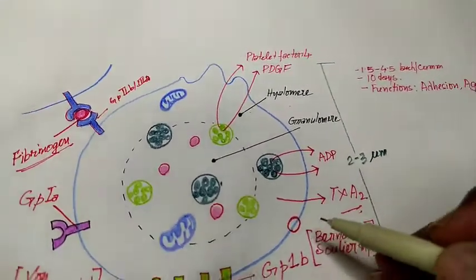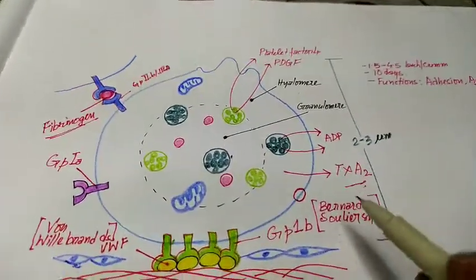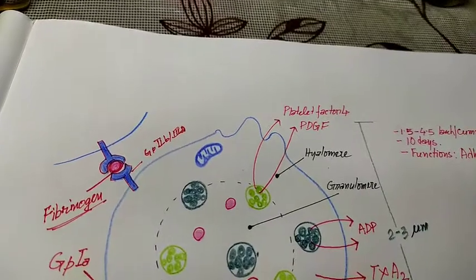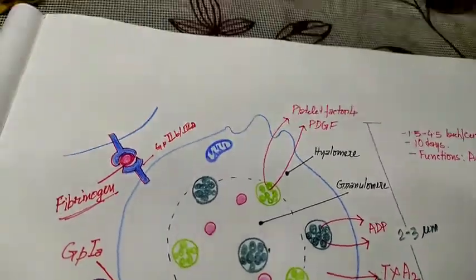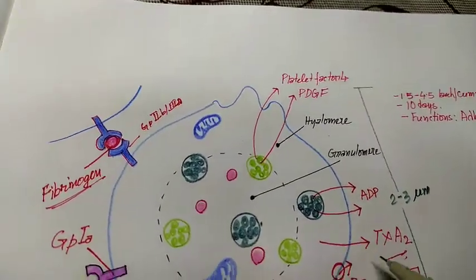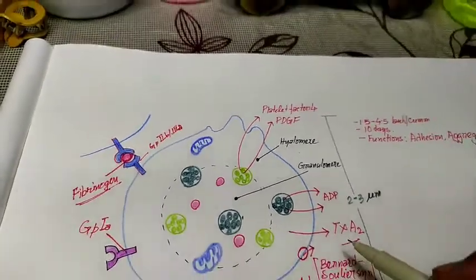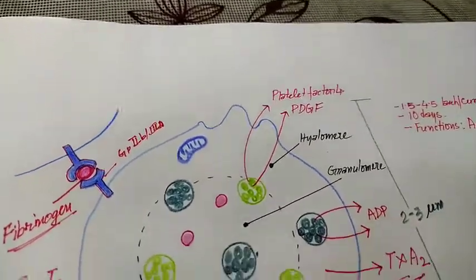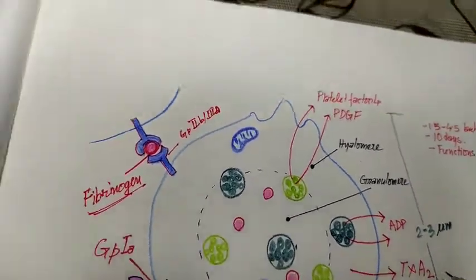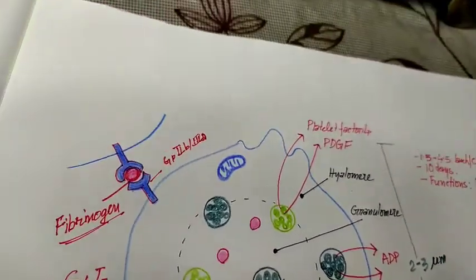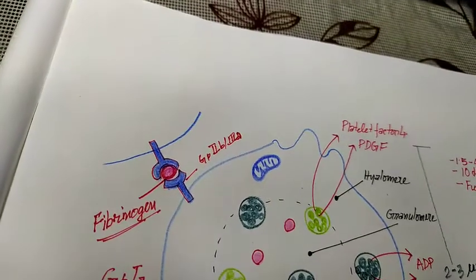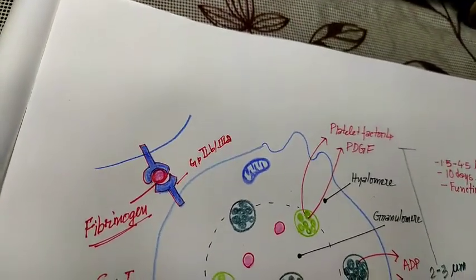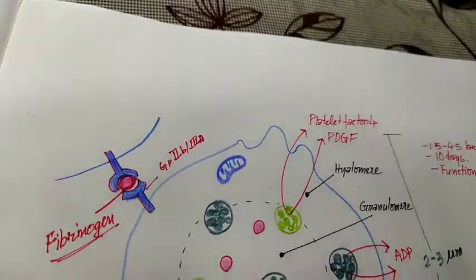From the wall of the platelets, with the help of the enzyme phospholipase, arachidonic acid like compounds are generated, and from that compound, with the help of the enzyme thromboxane synthetase, the molecule thromboxane A2 is generated, and this thromboxane A2 will help in the release reaction or secretion of platelets.